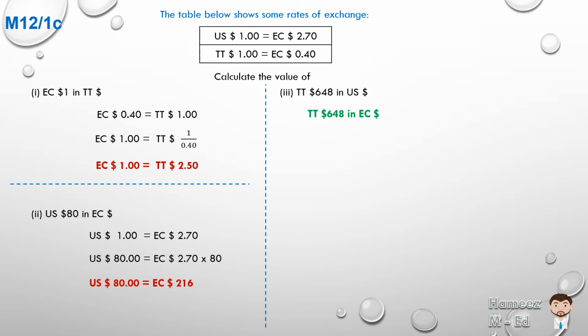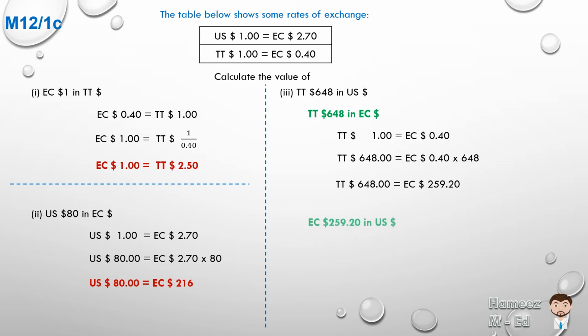So we know from part 1 that 1 TT is 40 cents EC. So if we want to find for 648 TT, we multiply by 648 on the left-hand side. So we do the same on the right-hand side. And using our calculators, it shows that 648 TT gives us $259.20. Now that we've gotten the EC, we can now use our first row in the table above and convert EC to US.